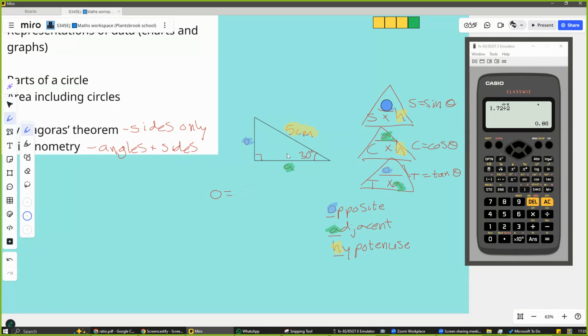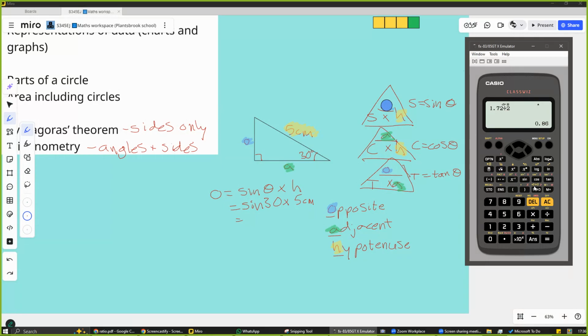So opposite is equal to S times H, which is sine theta times the hypotenuse, which is sine 30 times 5 centimeters. I happen to know that sine 30 is 0.5, so that means the answer would be 2.5 centimeters.